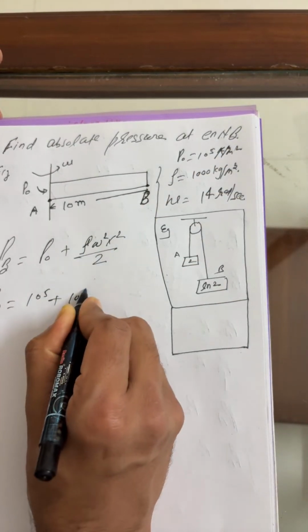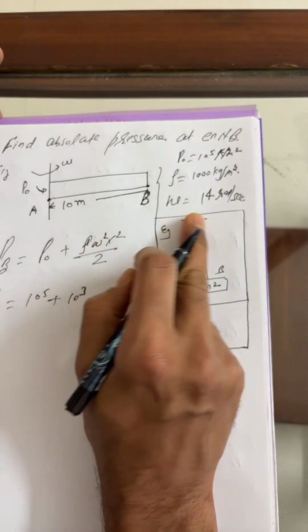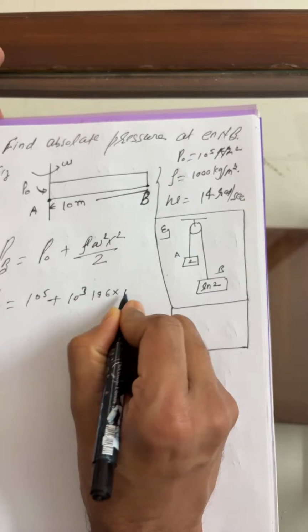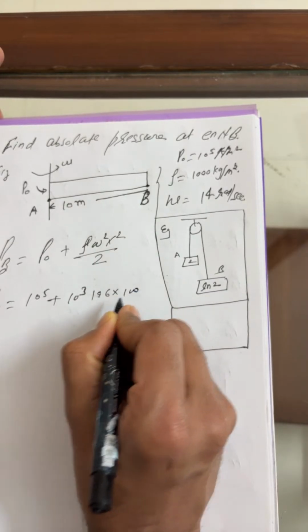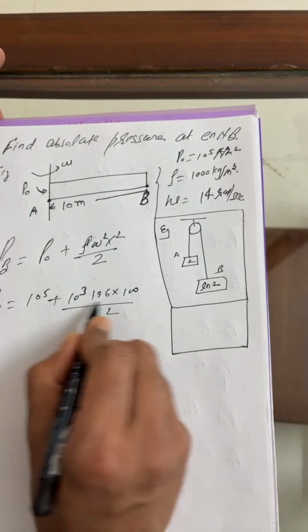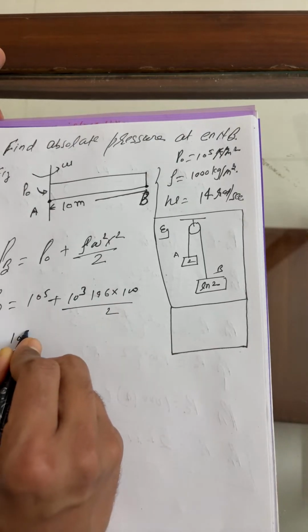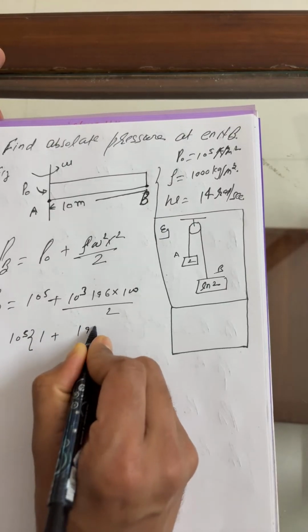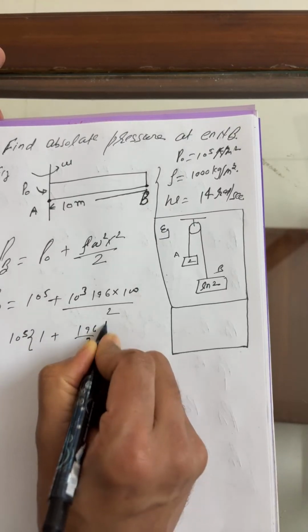P naught, what? 10 to the power 5. You can take that. P naught, what have you taken, Aryan? Okay, rho I can take 10 to the power 3. And omega square is 196. X square is 100, upon 2 here. So you can say 10 to the power 5, finished. Take 10 to the power 5 common: 1 plus 196 by 2.